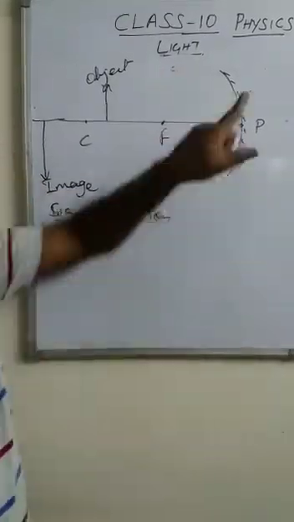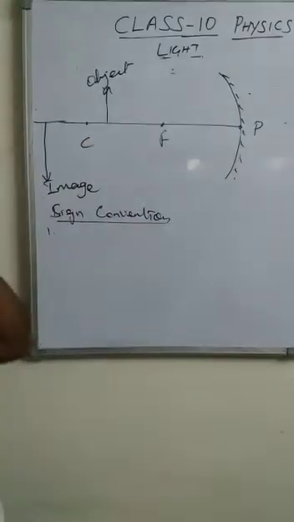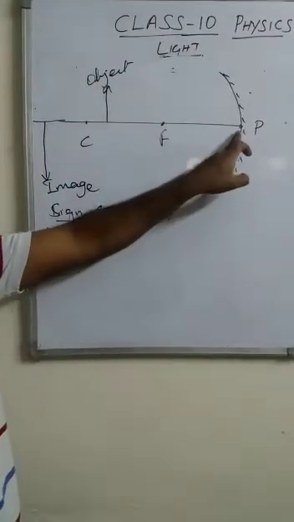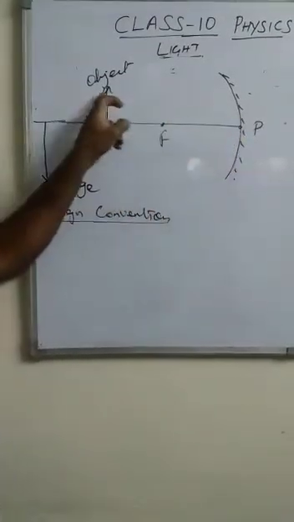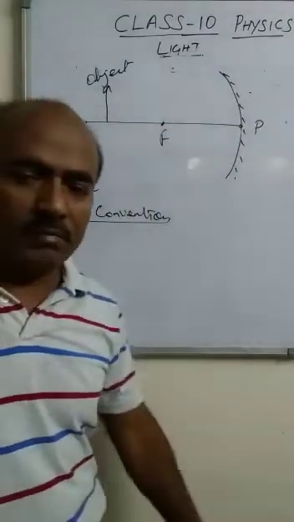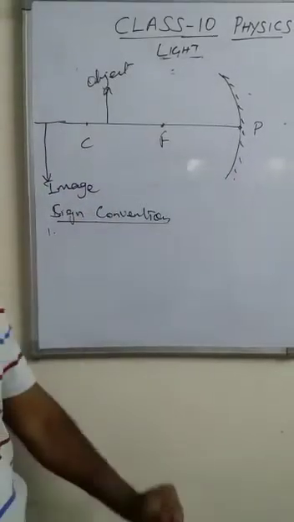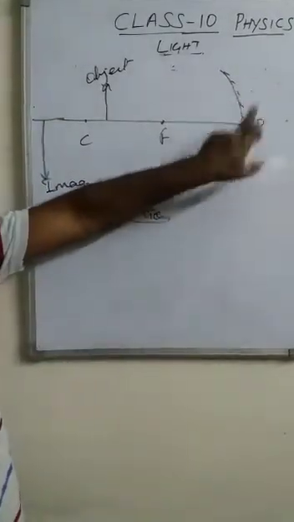That means the pole should be taken as the origin. From the pole it should originate and can move towards the image, towards the object, towards focus, towards center of curvature. So here this measurement is taking place from the pole.